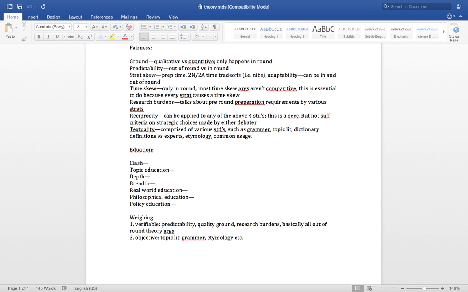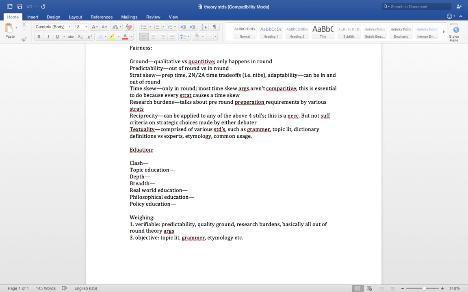What do you think would be a stronger link to etymology? Definitely semantics. I would impact etymology to semantics, not fairness. What would you say when people impact it to predictability? Just that we don't care about?